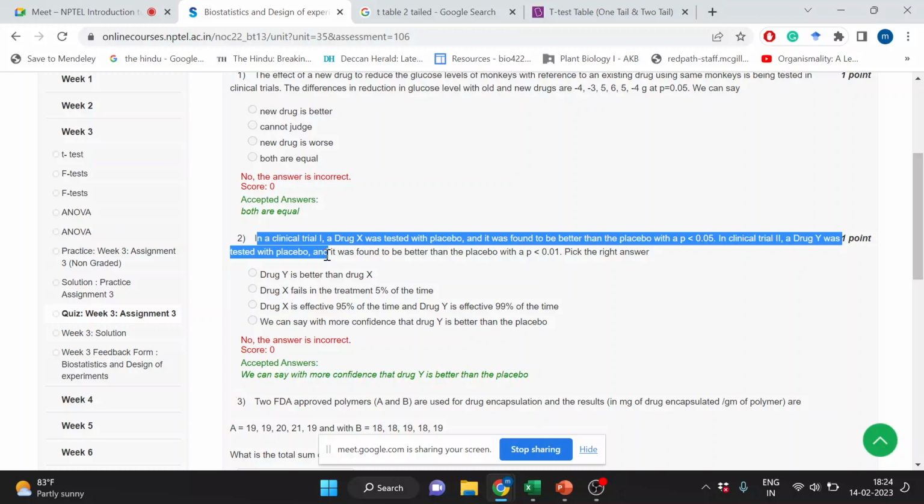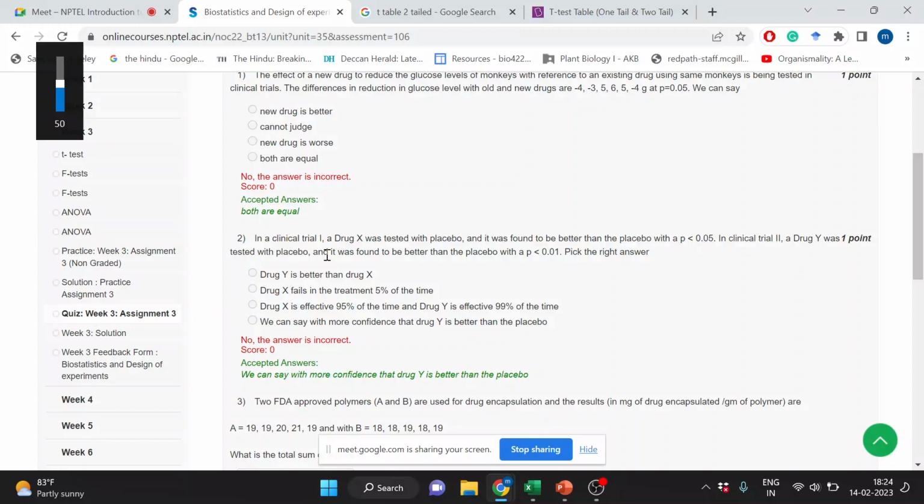One p value is less than 0.05, another one is 0.01. Can we compare when there are two p values? Both of them should be either 1% or 5%.